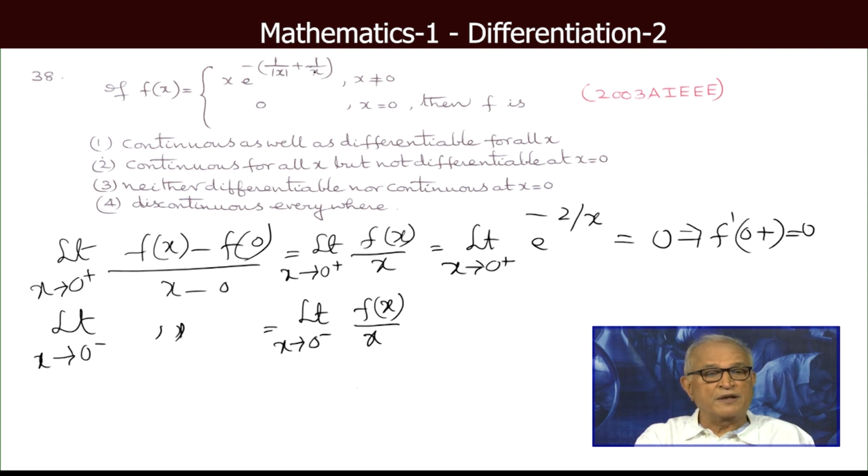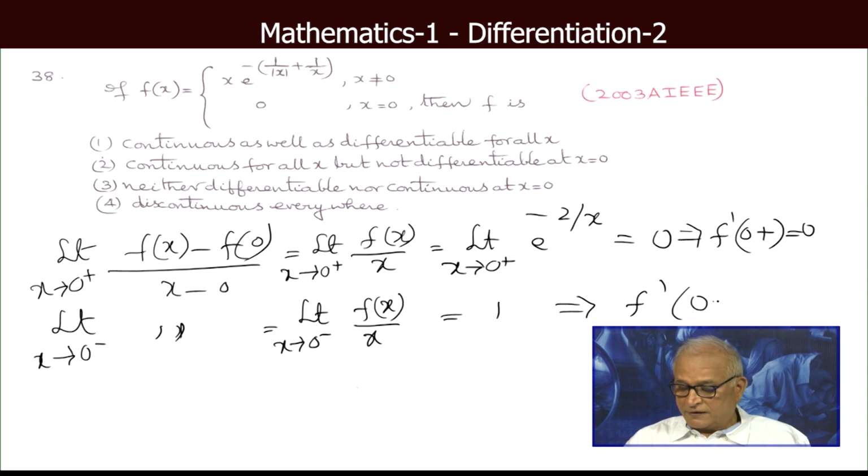So, e power 0 is 1 and therefore, fx by x is 1. This implies f dash at 0 minus is 1. So, right hand derivative is 0 and left hand derivative is 1. Both one-sided derivatives exist, but they are different. Therefore, f dash 0 does not exist. F is not differentiable at x equal to 0, but continuous at x equal to 0.